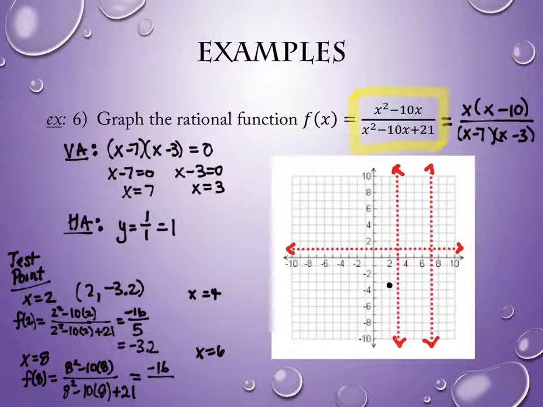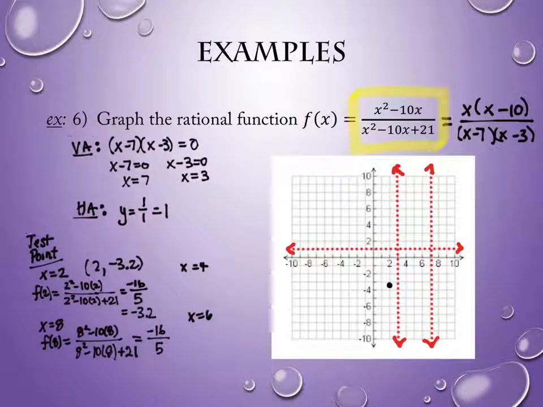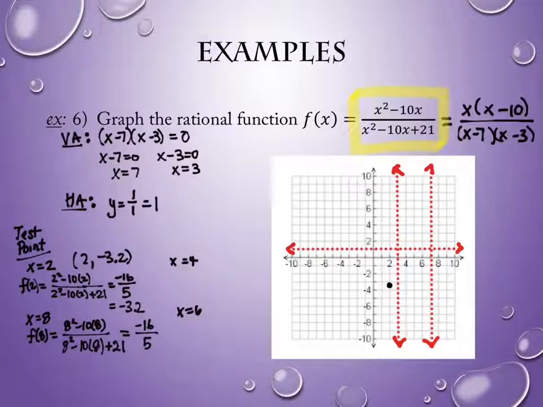Do I get a 5 again? Fantastic. Well, the good news is we know what that decimal is, right? All right, so this is negative 3.2. This ordered pair would be 8, negative 3.2. So I've got sort of a mirroring effect going on over here.